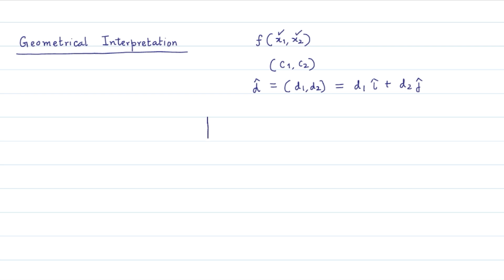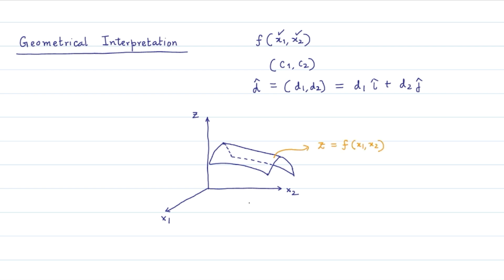In the 3D space of the variable axes x1, x2, and the axis of function value, let's suppose the surface of the function f(x1, x2) is this one, and suppose the location of the point (c1, c2) in the x1, x2 plane is somewhere over here, and the direction of d hat is this direction.